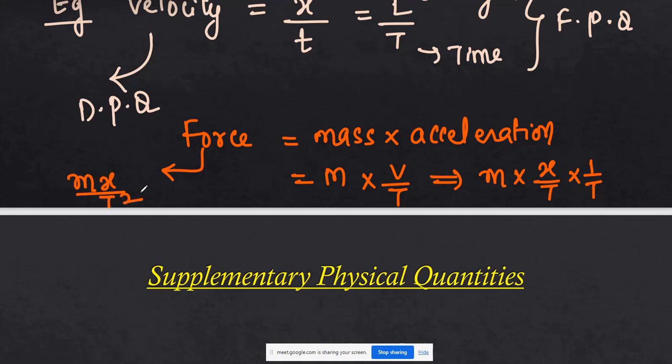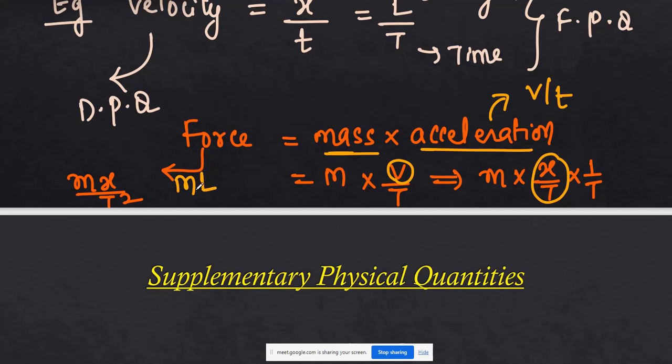Can I write like this? If you take the whole formula for force, it depends on mass, on distance, divided by the square of the time period. So which is a derived physical quantity here, Sahiti?